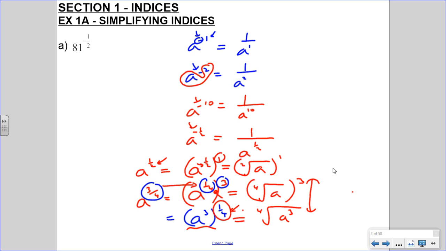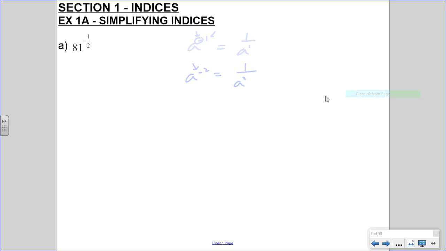Okay, so let's test that out with some examples. If I have 81 to the minus half, we see that minus, so we go straight to 1 over 81 to the half. Well, that half, you can see there's a 2 on the bottom of that fraction.